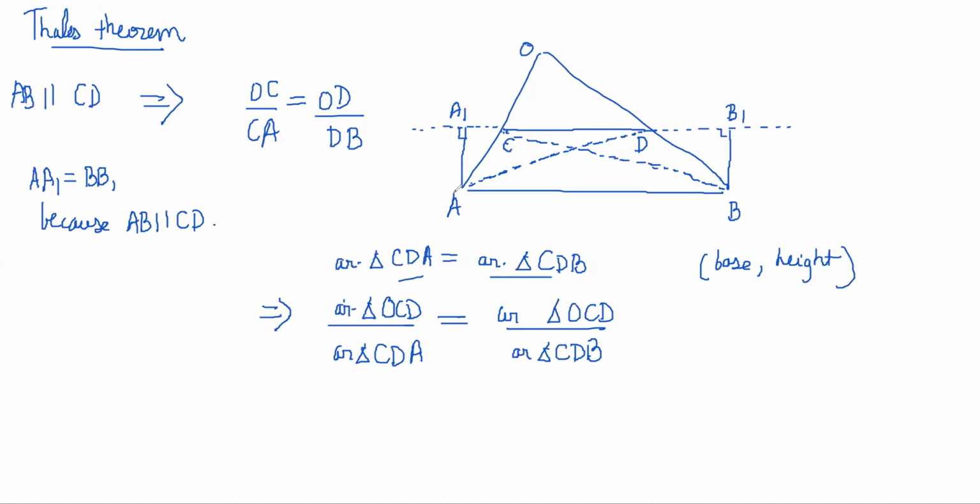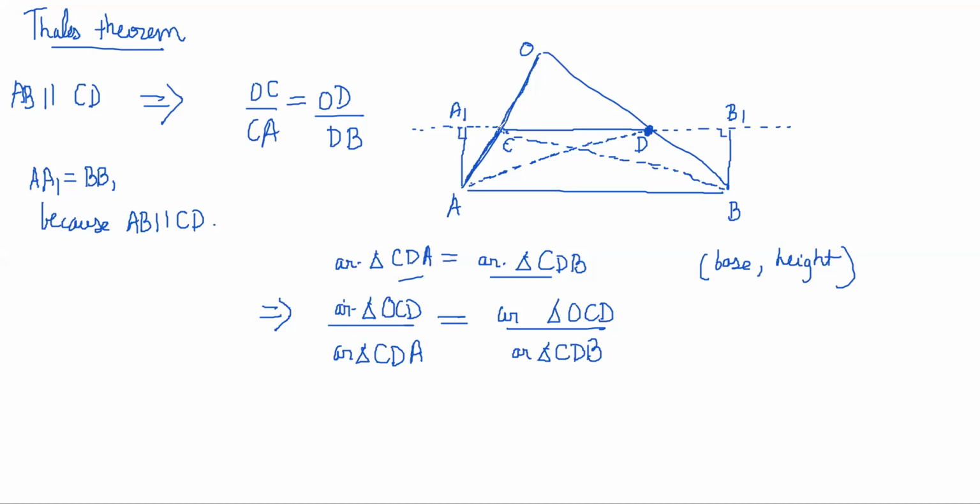This is from what property? This is from O, C, A being collinear, no? This is from the previous property. Look at point D. This is why sometimes it is not obvious.